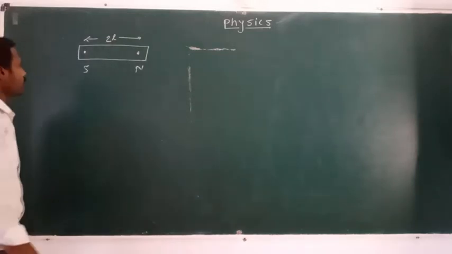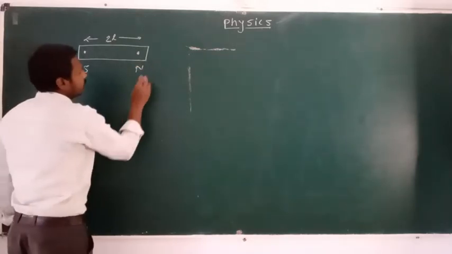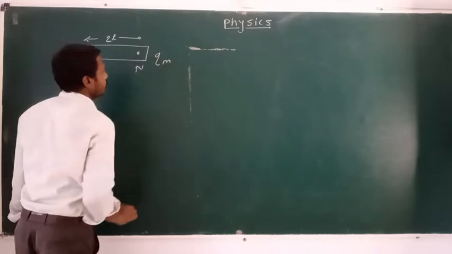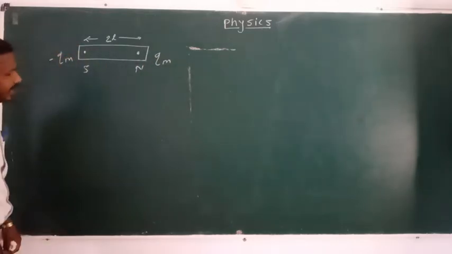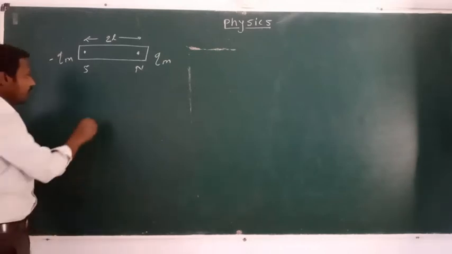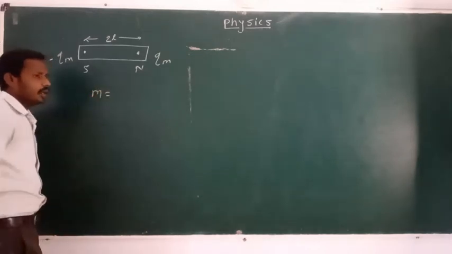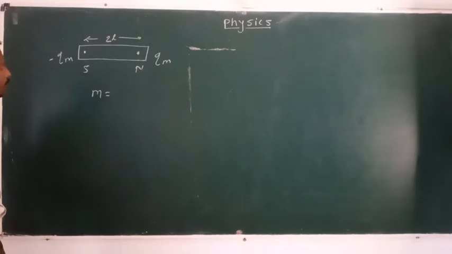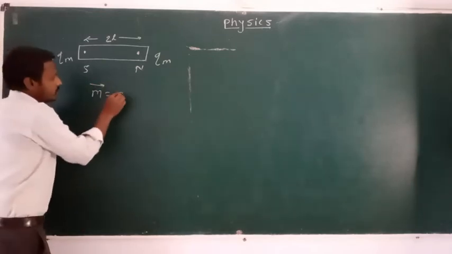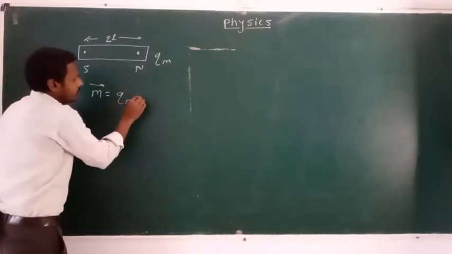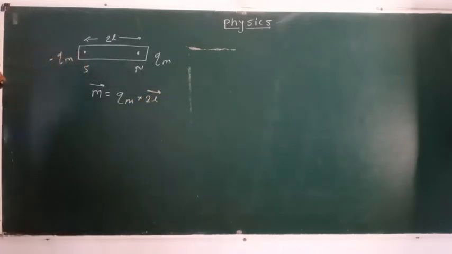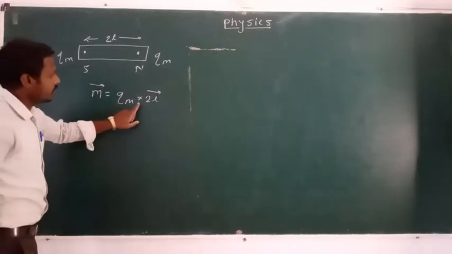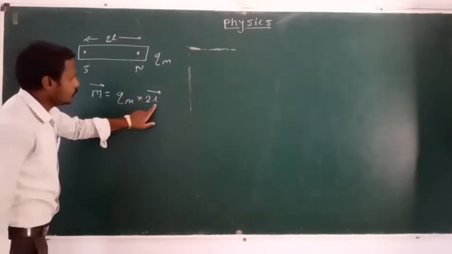We know that the pole strength of the north pole is plus qm and the pole strength of the south pole is minus qm. Then the formula of the magnetic dipole moment is m bar is equal to qm into 2l bar.